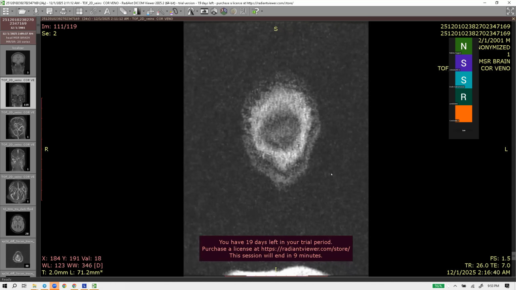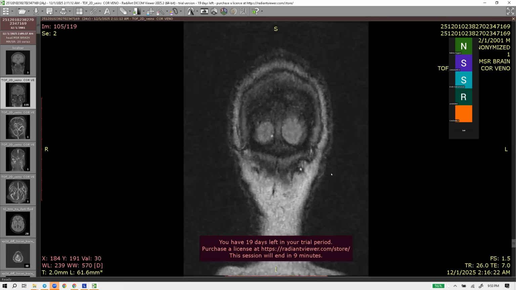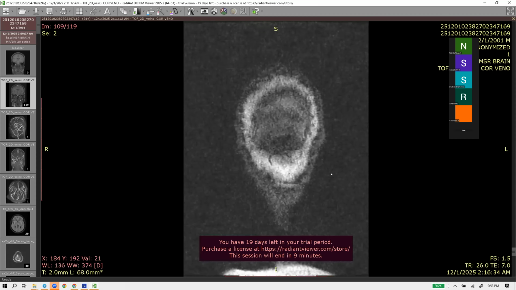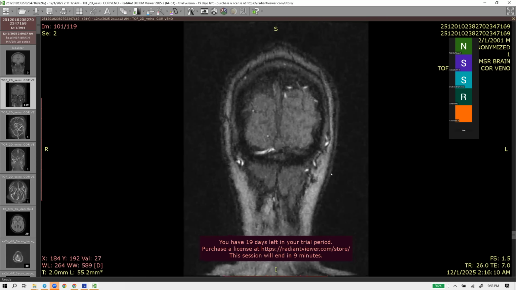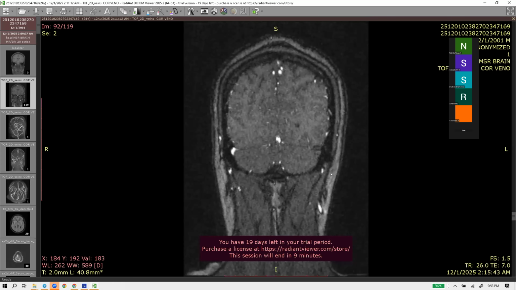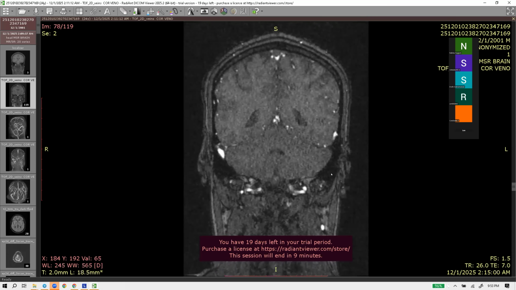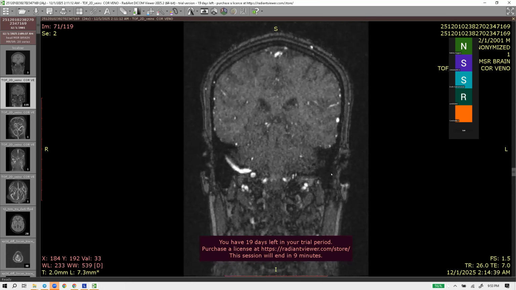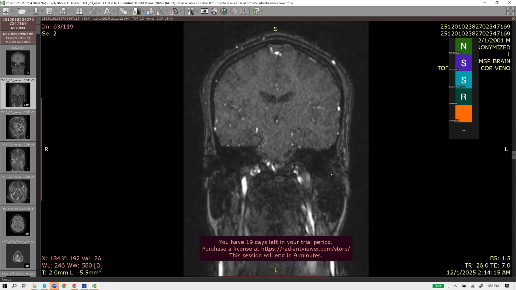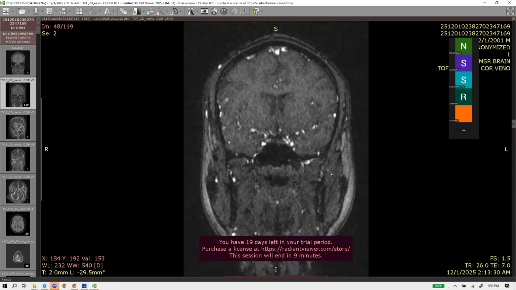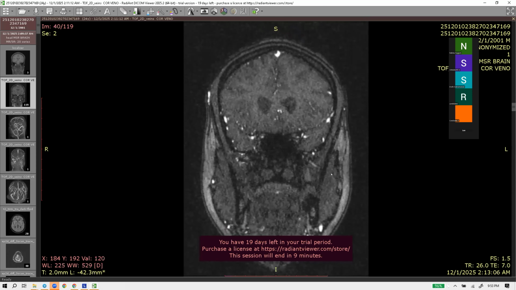So superior sinus thrombosis is suggested in this case. There is a filling defect present in the left transverse sinus and superior sagittal sinus. So this suggests dural venous sinus thrombosis.